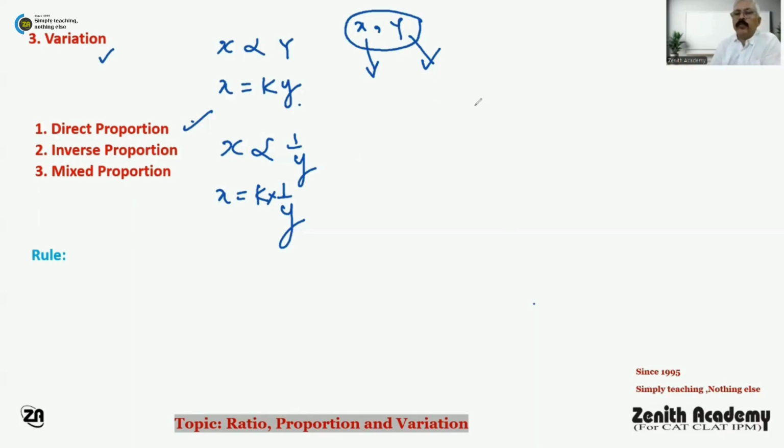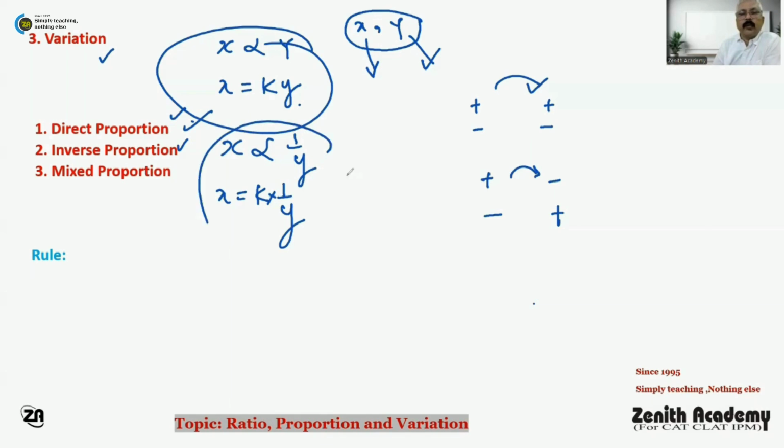Directly proportional means if one increases, then the second will increase. If one decreases, then the second will decrease. But inversely proportional means if one increases, then the second will decrease. If the first decreases, then the second will increase. This is direct proportion and inverse proportion. Let's take the mixed proportions.